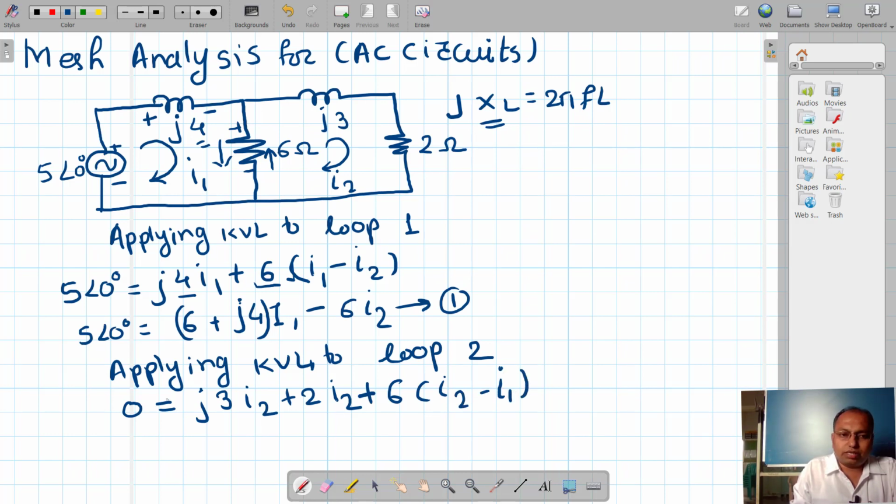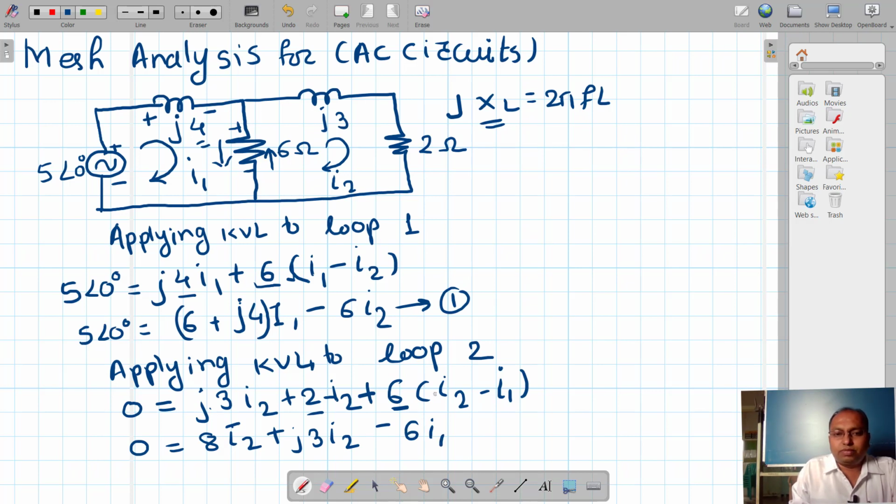Now again rearrange the terms. 0 is equal to, now club the terms of I2. So 6 plus 2 is 8 I2, then 8 I2 plus J3 I2 minus 6 I1.